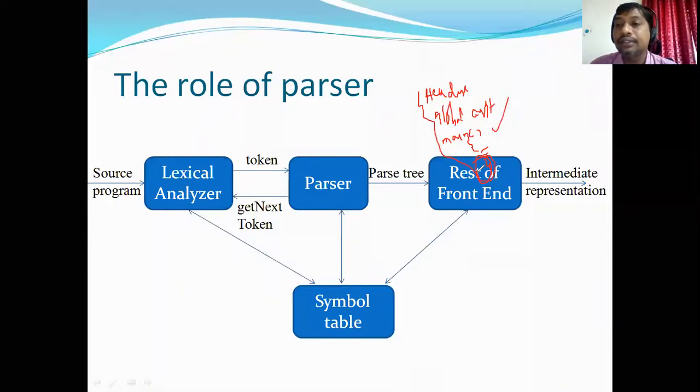That is what we call syntax error. So this is our task here: we want to validate whether the source program that is given to the compiler is syntactically correct or not.